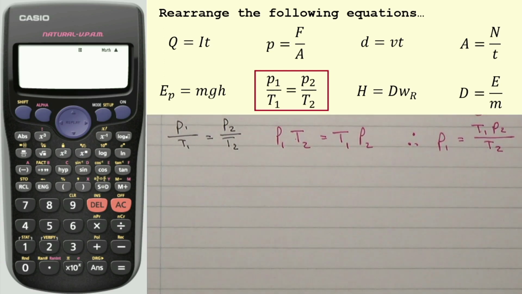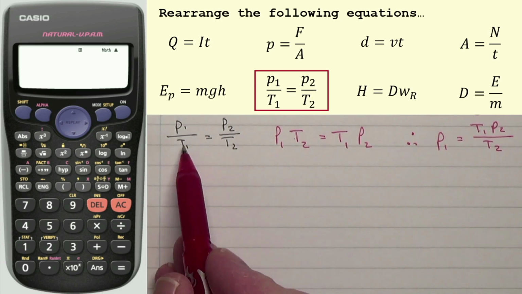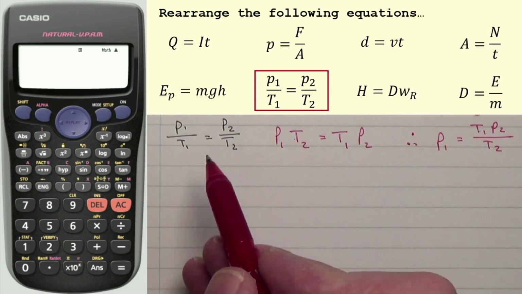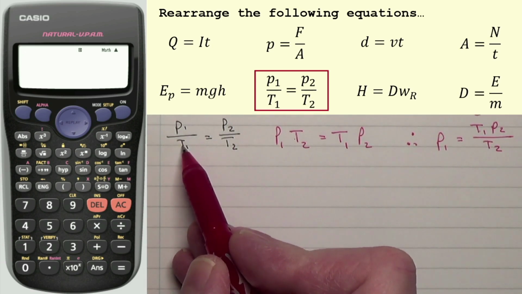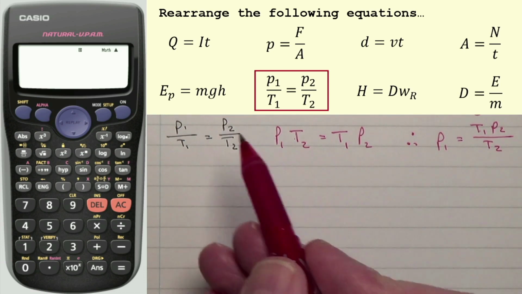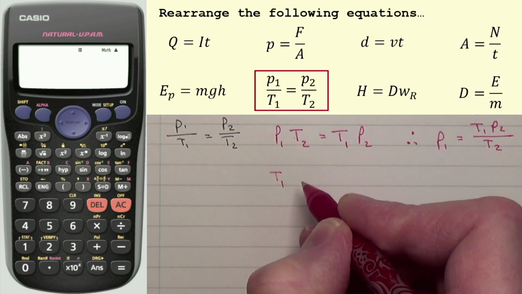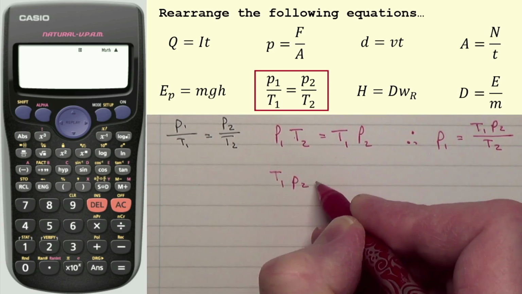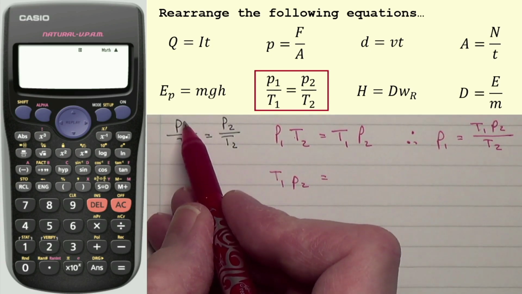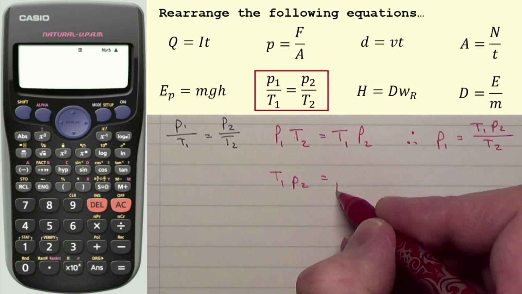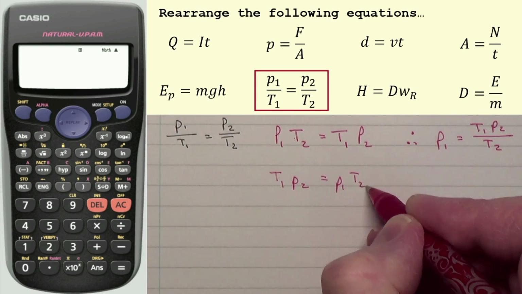To make T1 the subject, I'm actually going to have to multiply the bottom left times the top right, because of course I want the T1 on the left hand side. So bottom left times top right gives me T1 times P2 is equal to, I'll now multiply top left times bottom right, and that gives me P1 times T2.